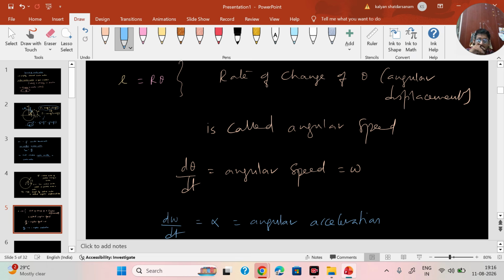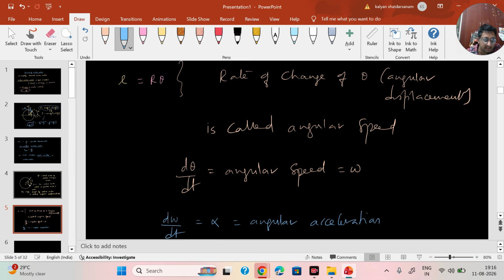It is constant. That is when there is no angular acceleration. So the moment you switch on the fan, angular speed is increasing, there is angular acceleration, and after certain time, the angular speed of the fan is now constant. Then there is no angular acceleration.